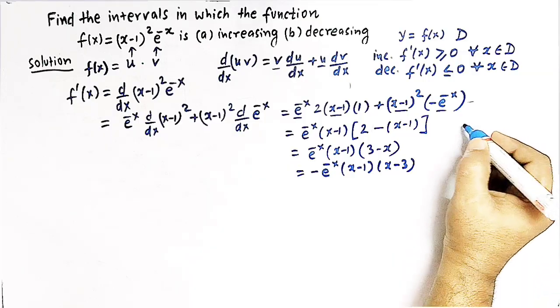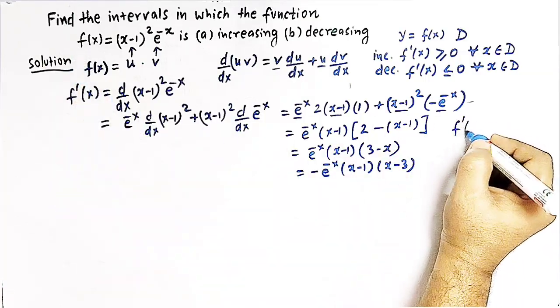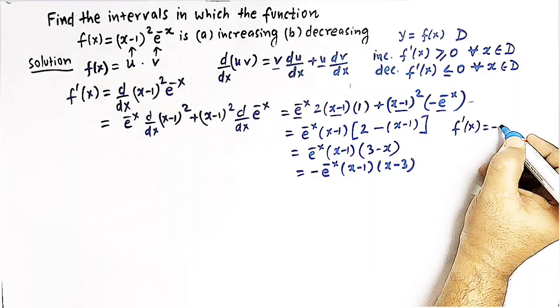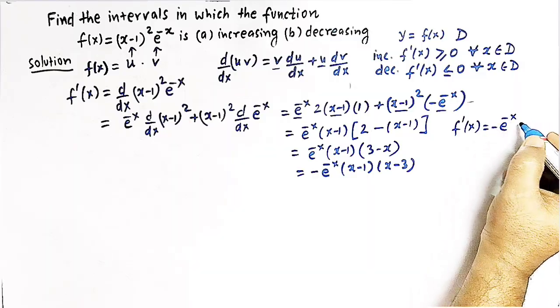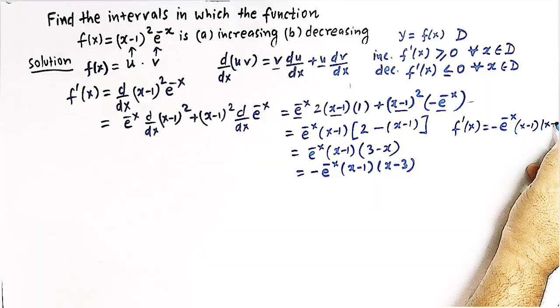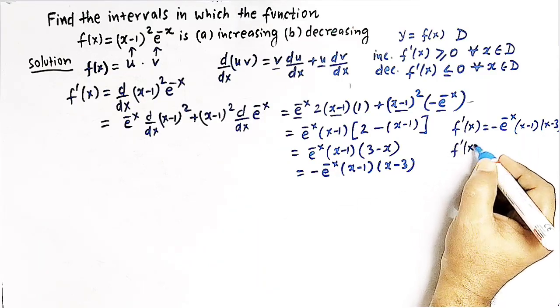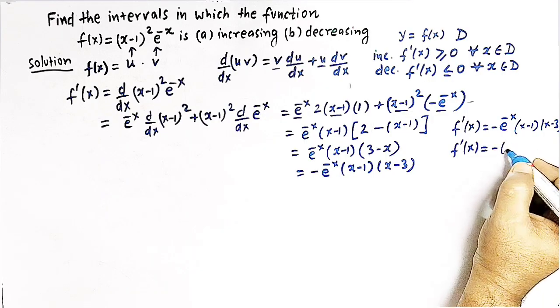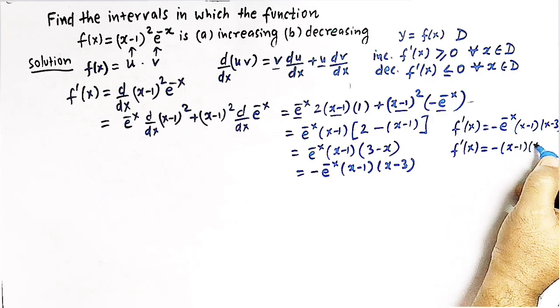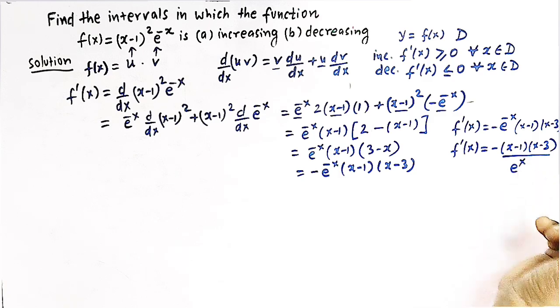So now the derivative of the given function is given by negative of e raised to minus x, and here we have x minus 1 and x minus 3. So we can also write it as negative of (x minus 1)(x minus 3) over e raised to x.